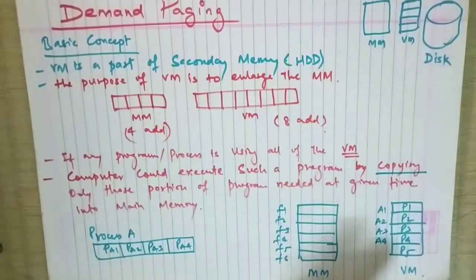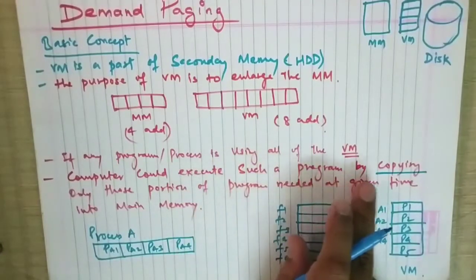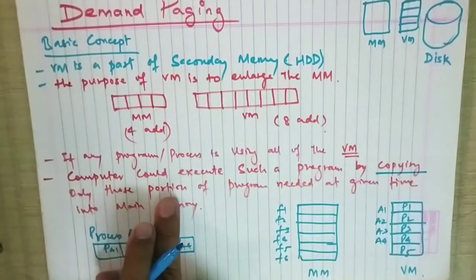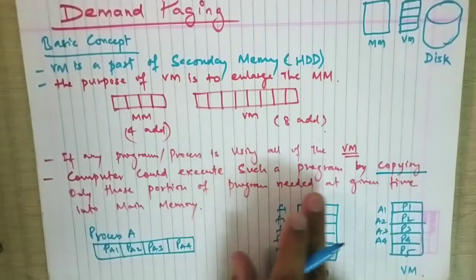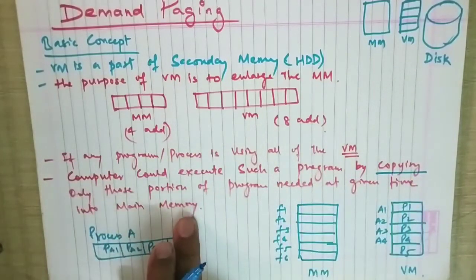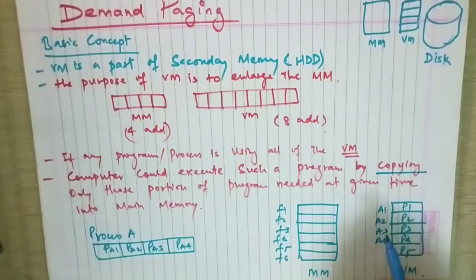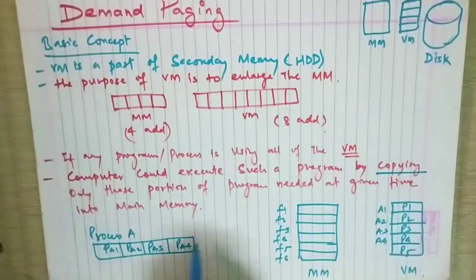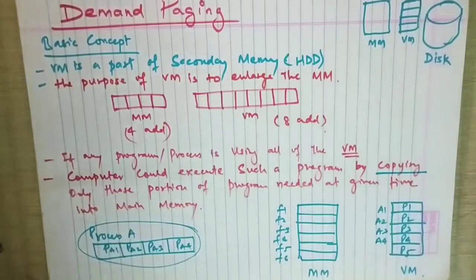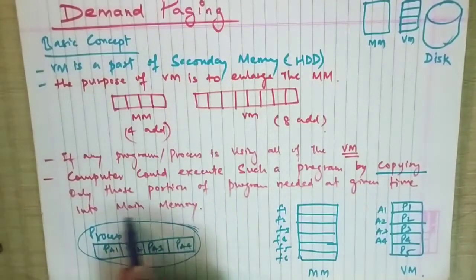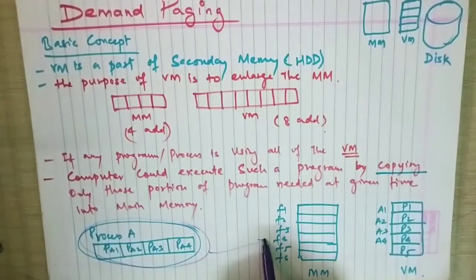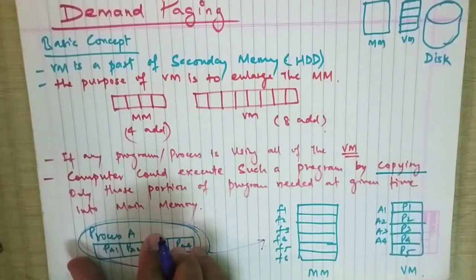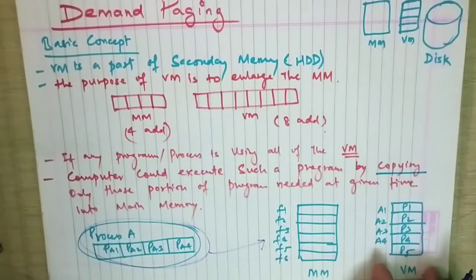I will copy only those portions of the program needed at a given time into main memory. So instead of copying the whole process into the main memory, I am keeping this process in the virtual memory.